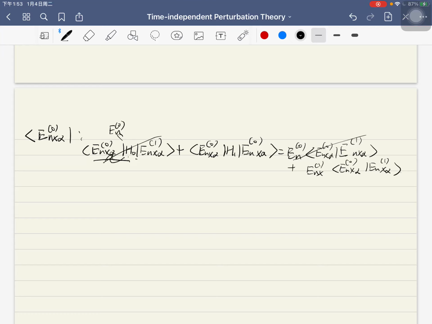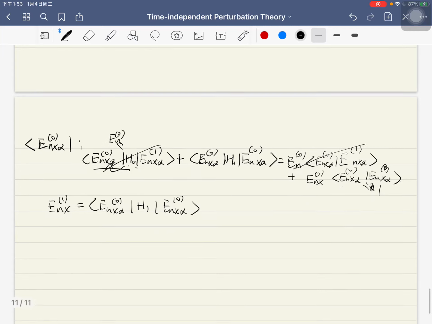And this term vanishes because the inner product is 0, not 1, and this term equals 1. So the first order energy correction equals <E_nx alpha^0|H1|E_nx alpha^0>.